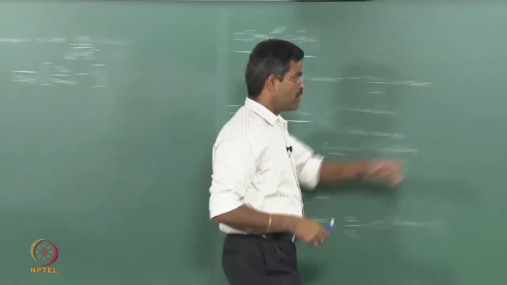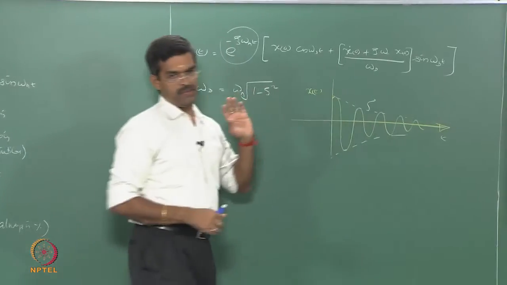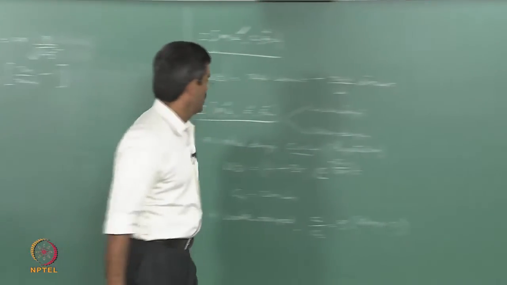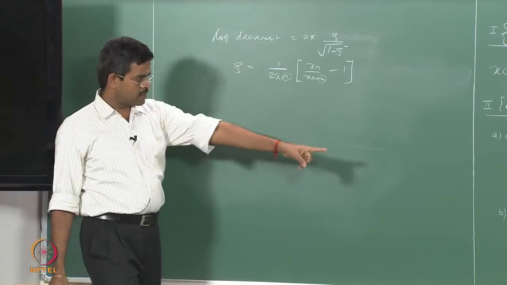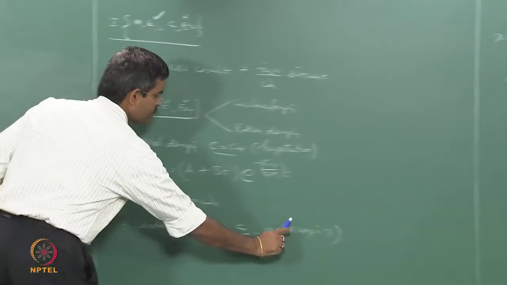You can start at x naught, you can start at x1, etc. So, one can find zeta, and zeta will be expressed in percentage, because zeta is generally given in percentage.